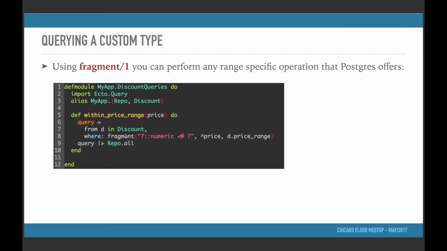Fragment is just a SQL interpolation that will allow you to do anything like that. The same way, you can use fragment in any database to use functions like sum or anything, assuming Ecto doesn't have that ready to use in the DSL.